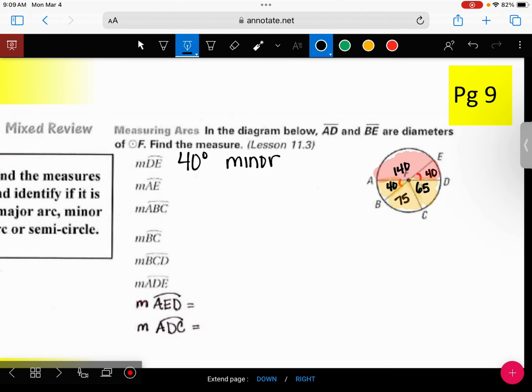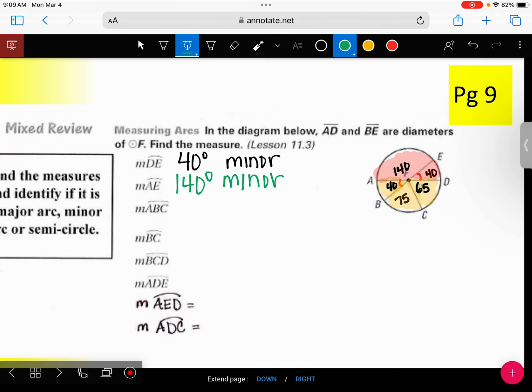All right, now let's go from A to E. What's the measure of arc AE? 140. Let's write that. Is that a major, a minor, or a semi? Minor.